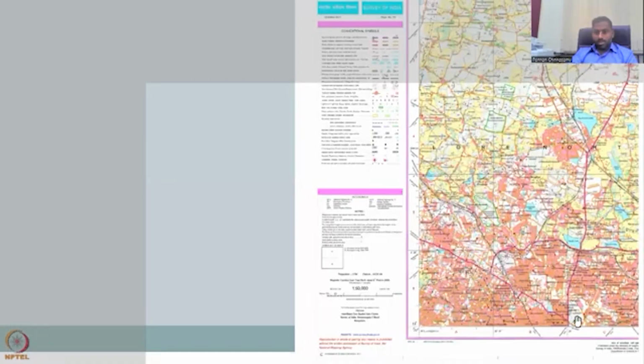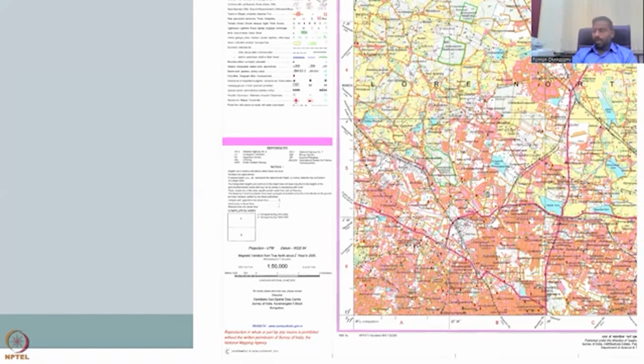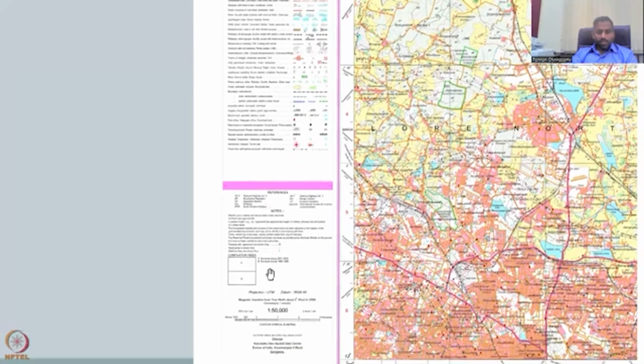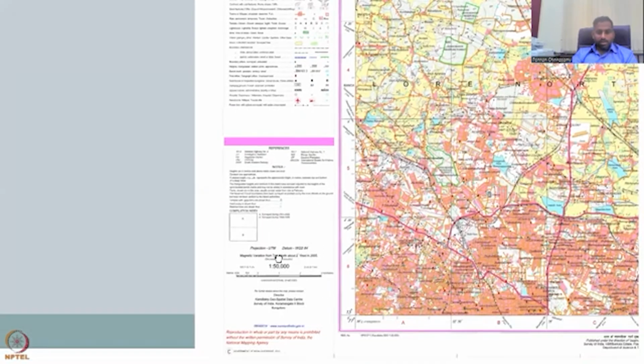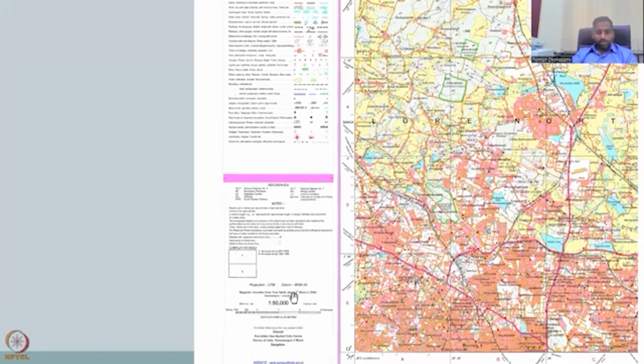You could see here it is published by the Director of Survey of India, and then the Department of Science and Technology, who funds it, and then you also have the scale, datum, projections. We'll look at some of them, and the legend.